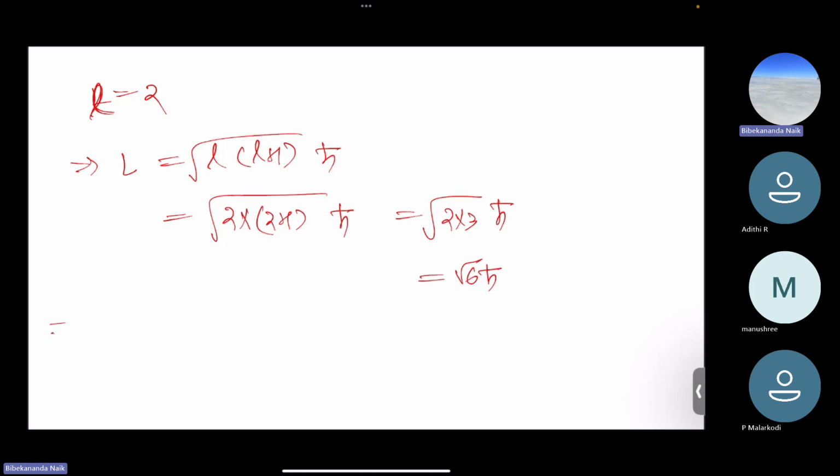Now, if you talk about the z component, since it is ml h cross, with l equal to 2, what are the values of ml? It is minus 2, minus 1, 0, 1, and 2.